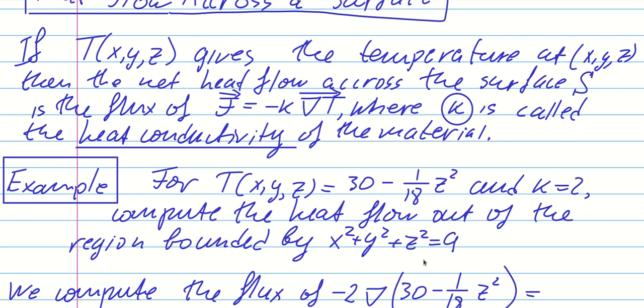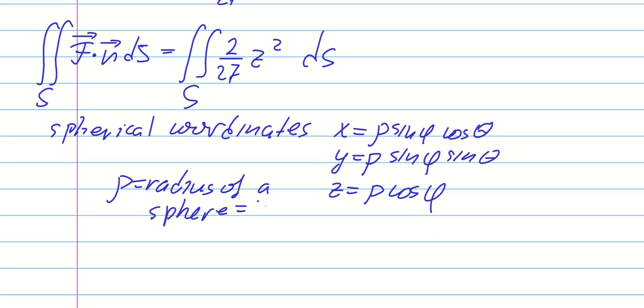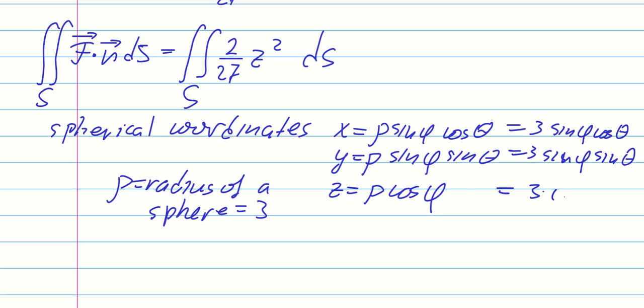So square root of 9 is 3. So that's our rho, it's equal to 3. So in our case, it's 3 sine of phi cosine of theta, 3 sine of phi sine of theta, and the last one is 3 cosine of phi, which we can take and put over here for z.